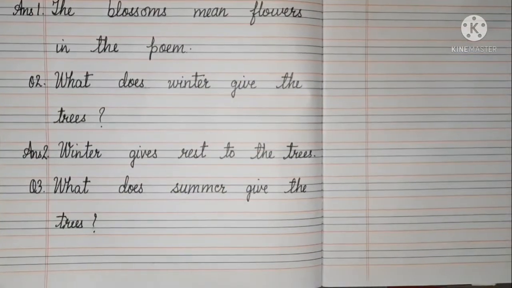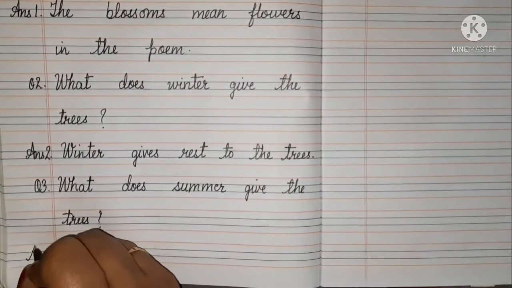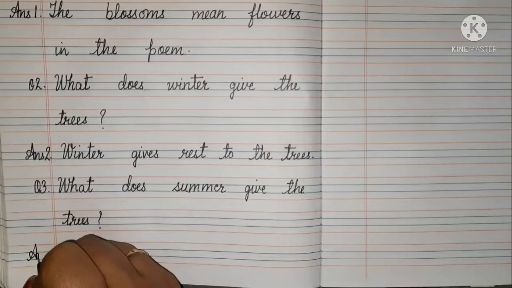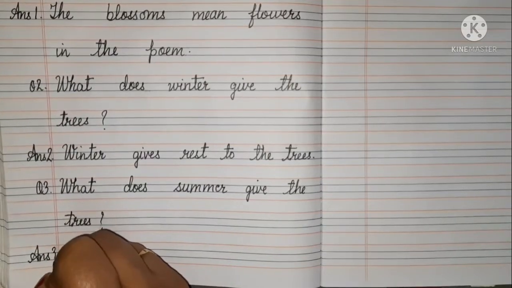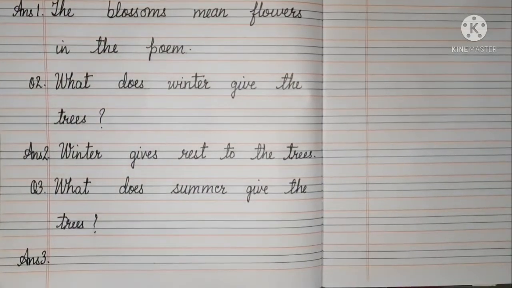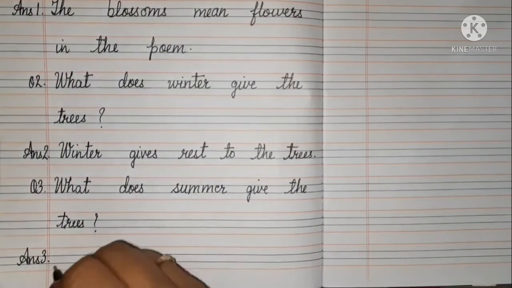The answer is, children, summer gave blossoms to the trees. Let's write the answer. Answer 3: Summer gave blossoms to the trees.